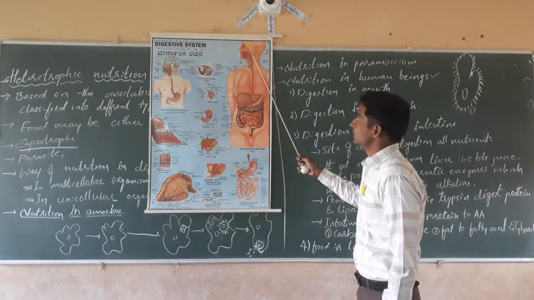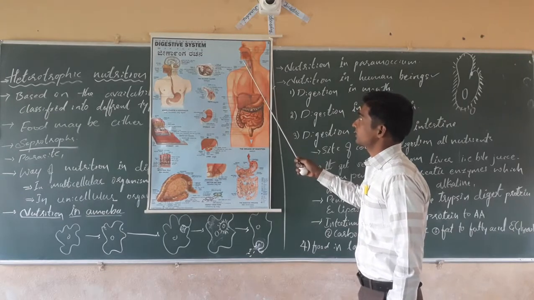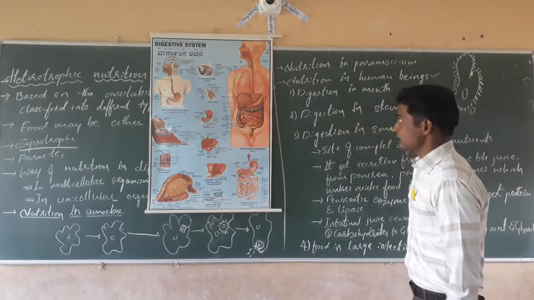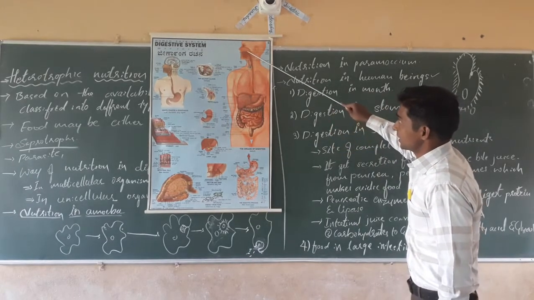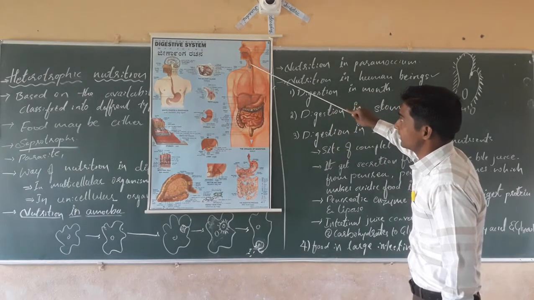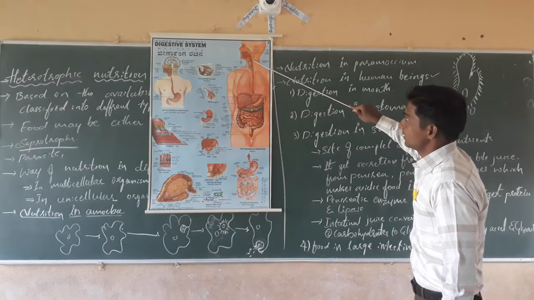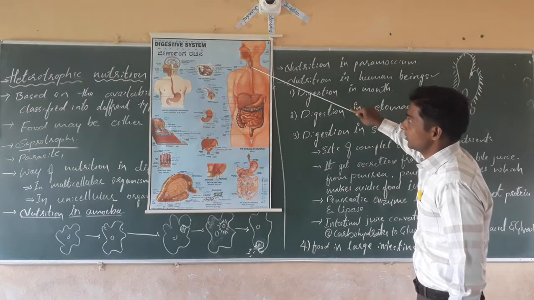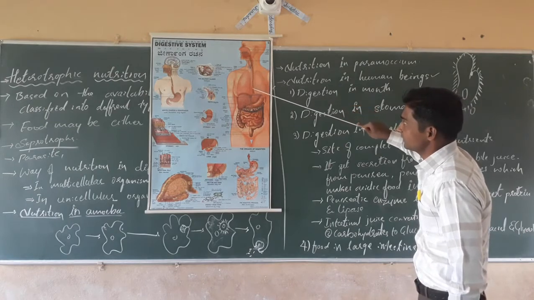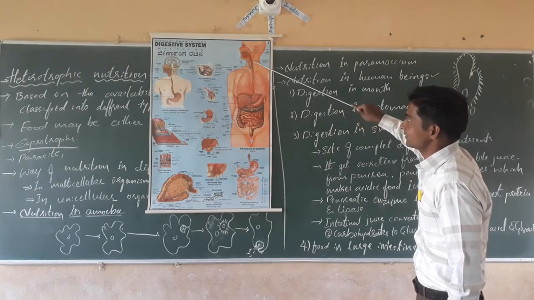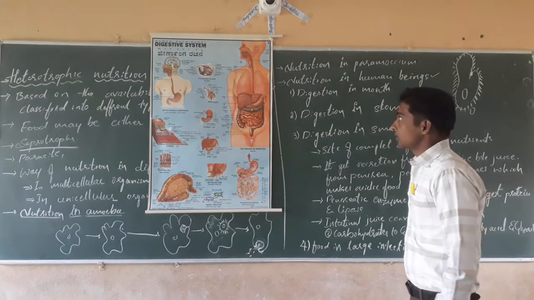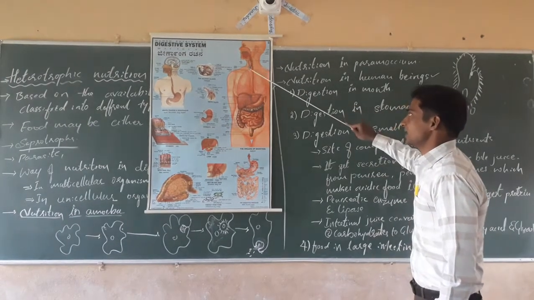The next, dear students, the buccal cavity opens into a pharynx, which is present in the neck region. Then from the pharynx, it enters the esophagus, a long tube-like structure, 20 to 25 centimeters long.